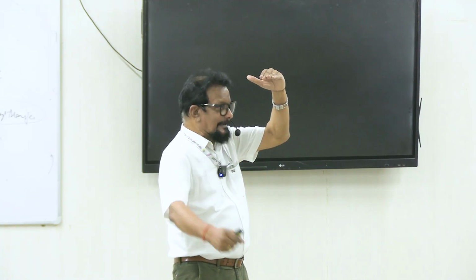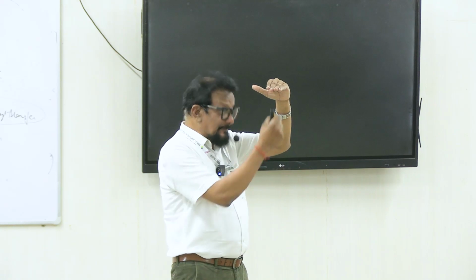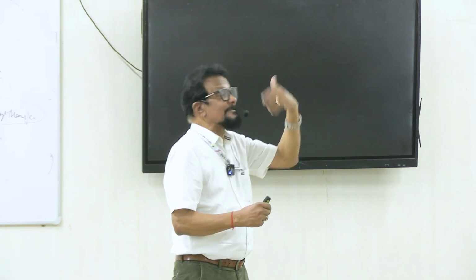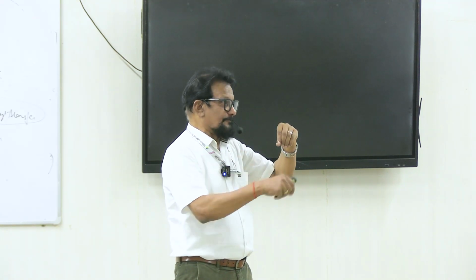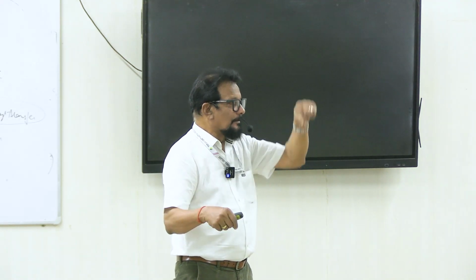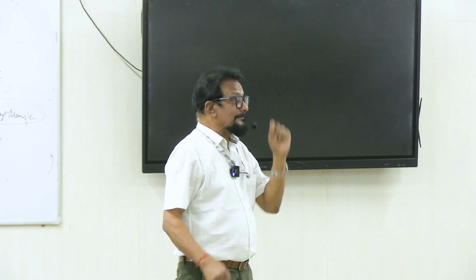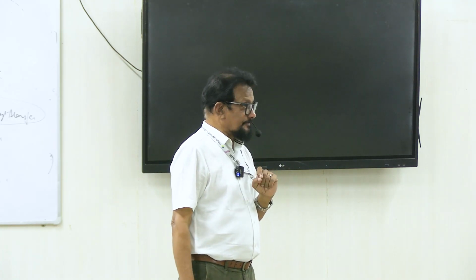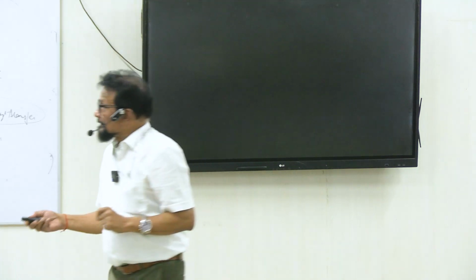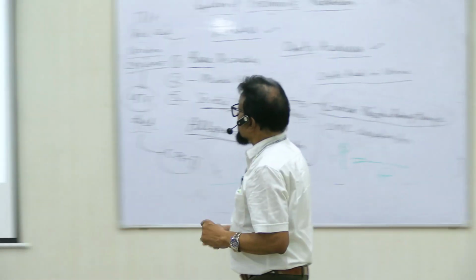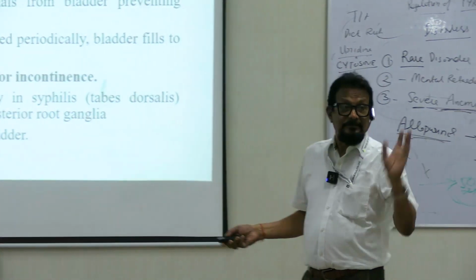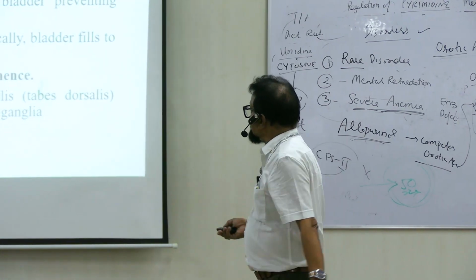Then the excess urine, beyond 600 ml, 700 ml, that is entering will come out as drops, or there will be dribbling. This is called incontinence. Okay, so this is atonic bladder, and I mentioned two conditions.